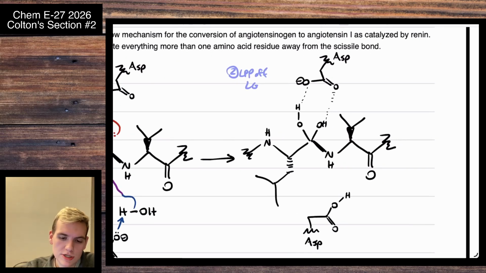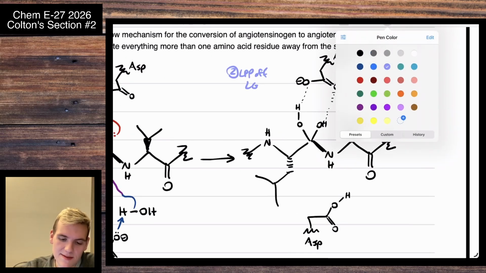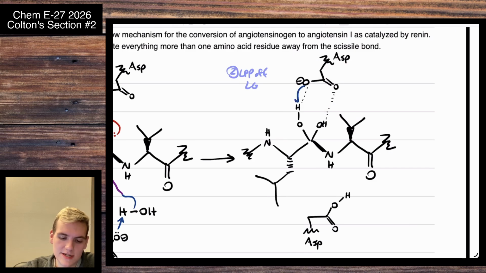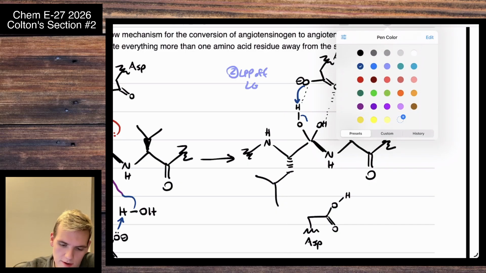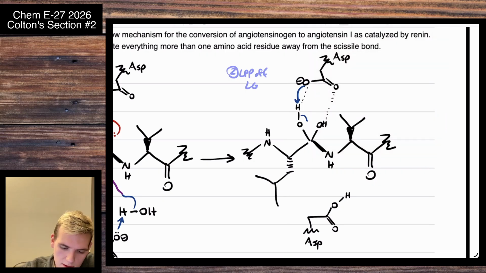So first, I'm going to have this top thing act as a base and remove the hydrogen here in order to make this a better lone pair pusher. Okay, so then the electrons in that bond, instead of just going back to the oxygen, we are going to lone pair push down to create a pi bond here. And when we do that, we are going to kick off the nitrogen.